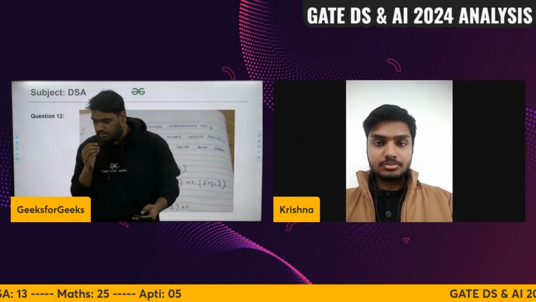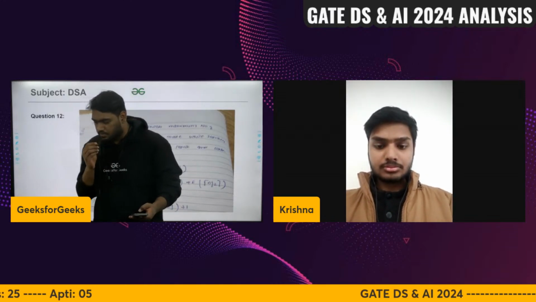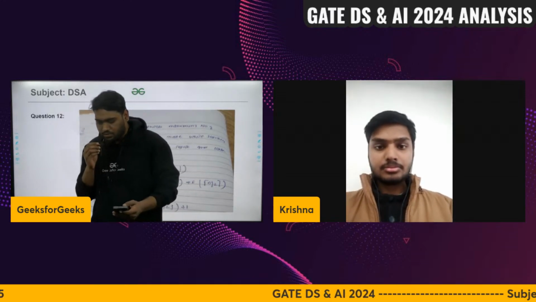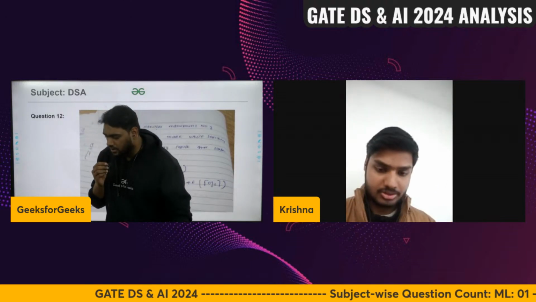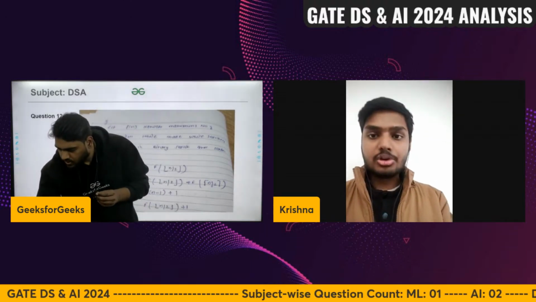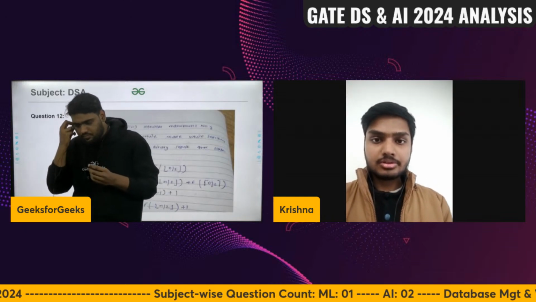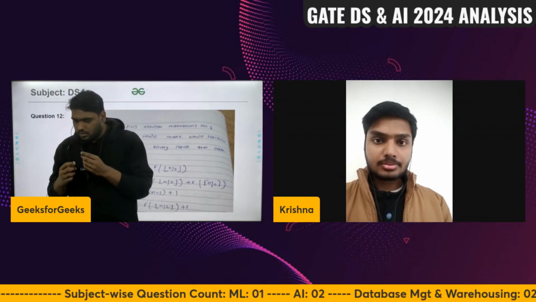Krishna, I guess the echo is from your side because I believe you are not using an earphone, so that is why it must be there. Just give me a second. Now is it fine? Hello.